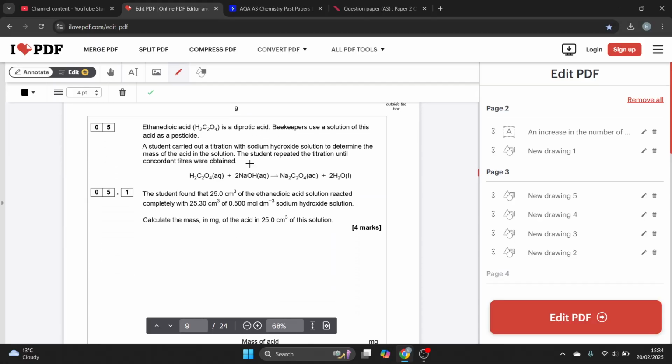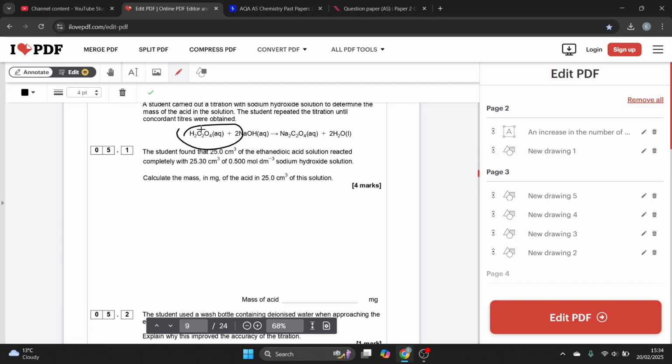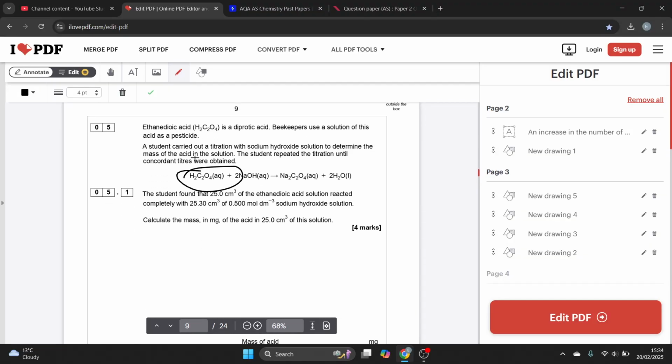Question 5, calculate the mass in milligrams of the acid in 25 centimeters cubed of solution. So find out the moles of sodium hydroxide, find out the moles of this, and I want to know the mass of that. Well, then I can find out the mass very easily.